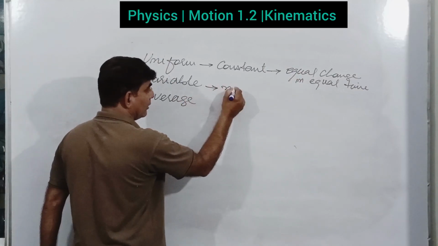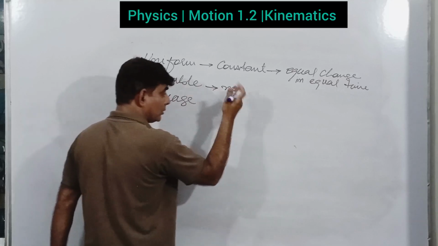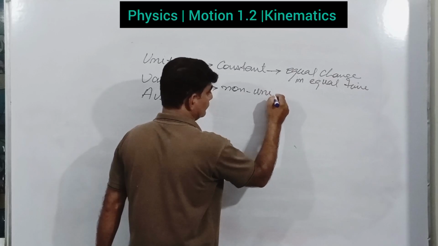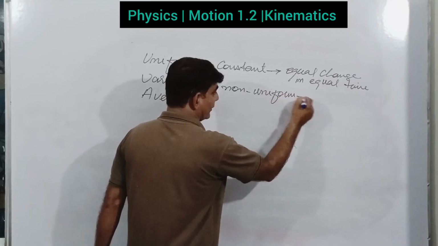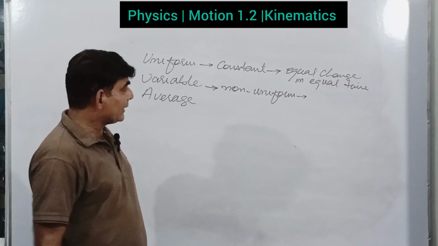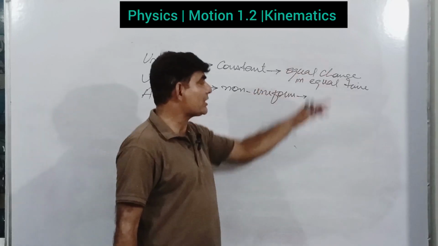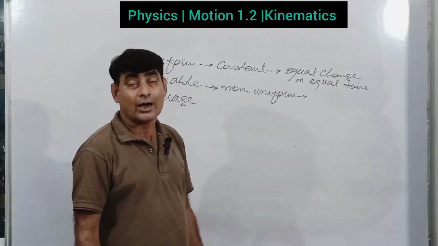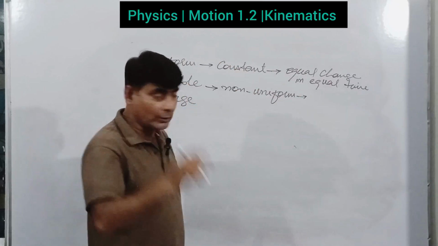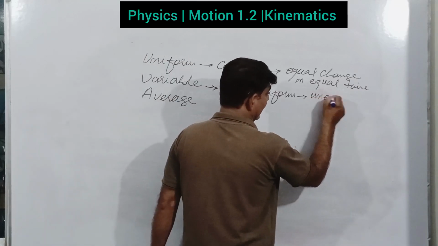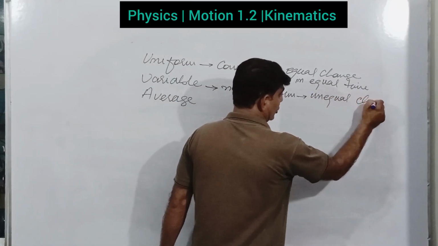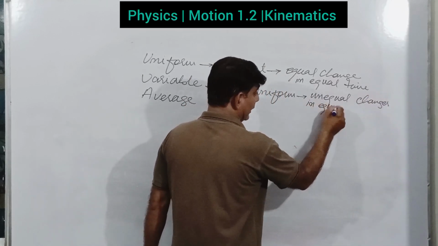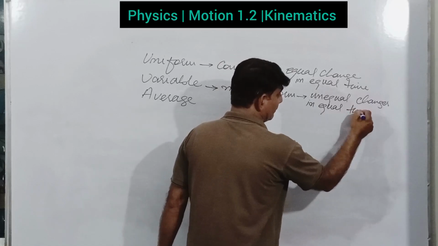Variable means non-uniform. What does it mean? It means no equal change in equal interval of time, or one can write unequal changes occur in equal interval of time.